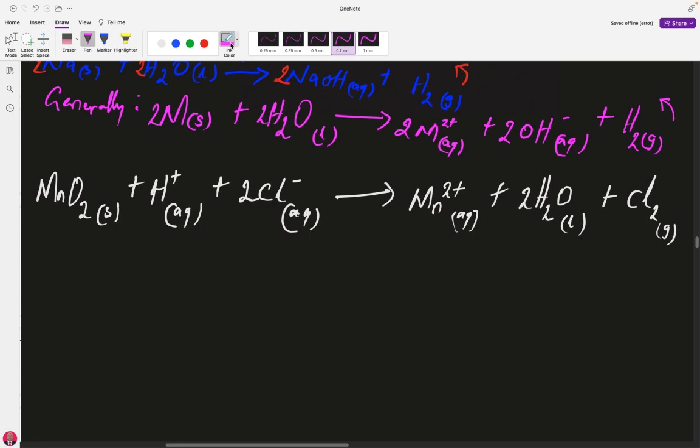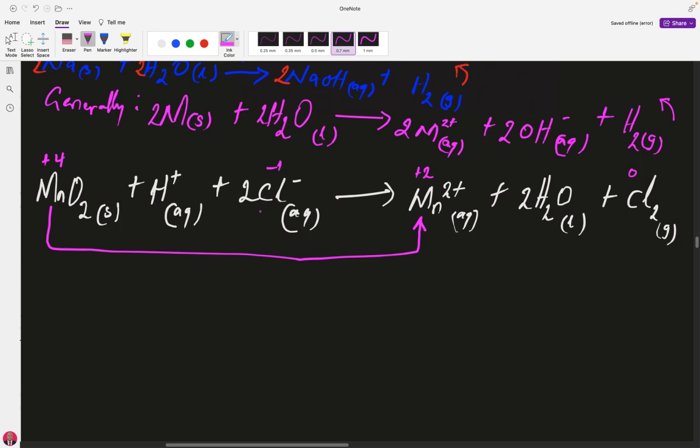Here manganese is +4 and chlorine is -1. Manganese here is +2 and chlorine here is 0. So manganese has been reduced from +4 to +2, and chlorine has been oxidized by it. That is why we say it is an oxidizing agent.